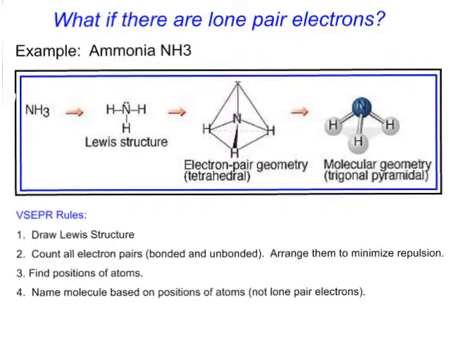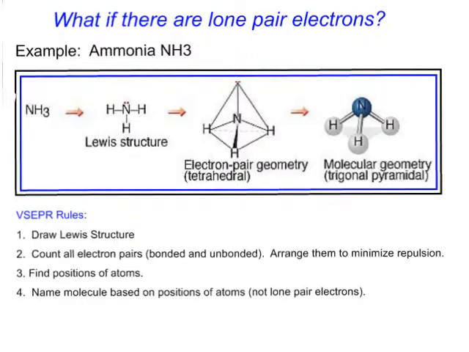So we have 1, 2, 3 bonded pairs, and we write these in. Here's our nitrogen with 1, 2, 3 bonded pairs, and 1 lone pair of electrons. So that's up here, our lone pair. And we have a tetrahedral shape when we're talking about all of the electrons involved.